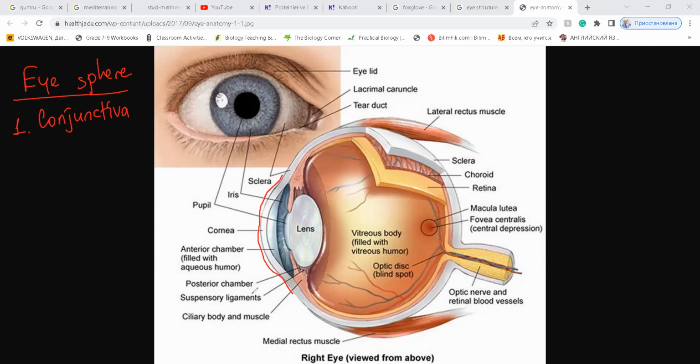Under the conjunctiva, guys, we have the second layer, cornea, as you see from the picture. As you see, the angle is different. It is bulging. Why? For the refraction, guys. So the cornea is one site where refraction occurs.